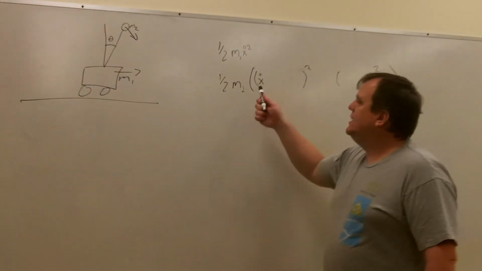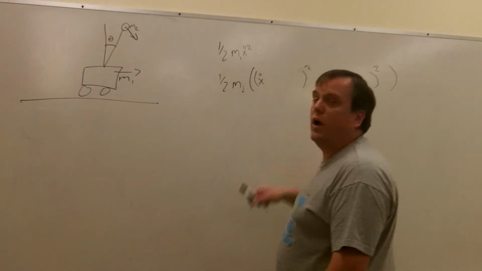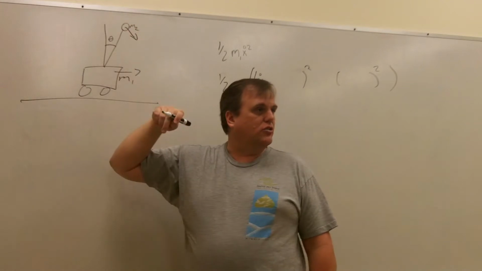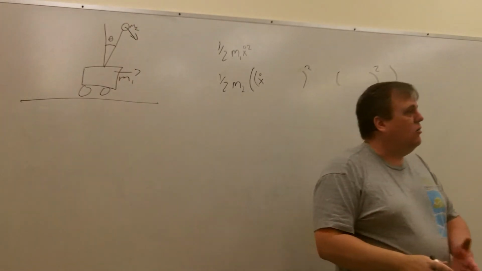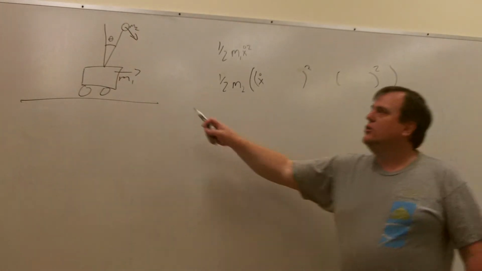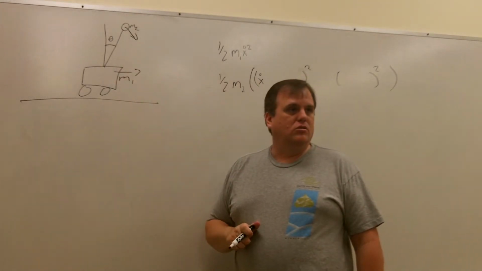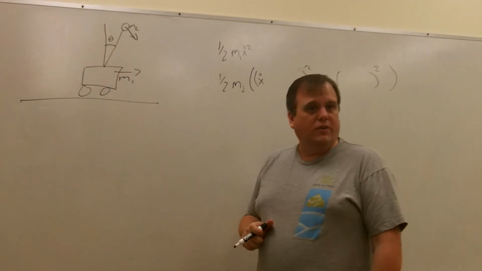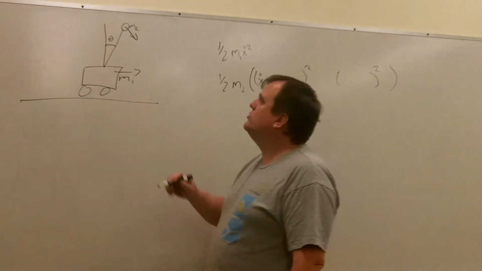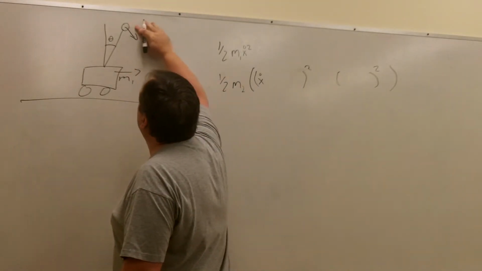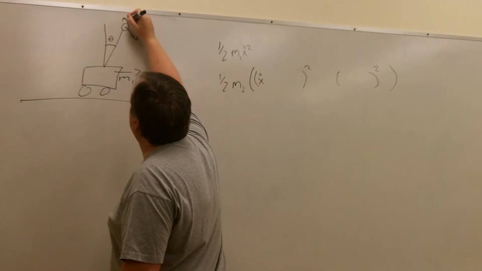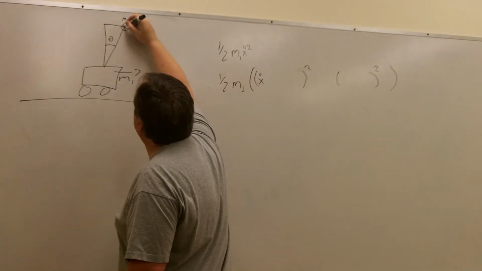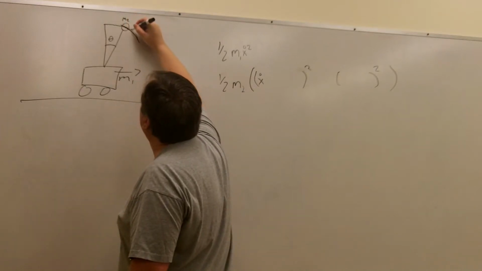So I've got x dot squared. That's due to the motion in that direction due to the movement of the cart. Now, what about my rotational movement? Well, I've got to resolve this into x and y components too. If I took the motion of this, it is tangential.